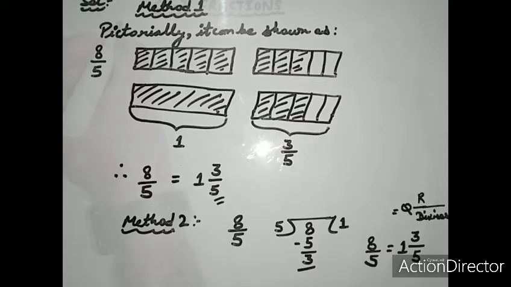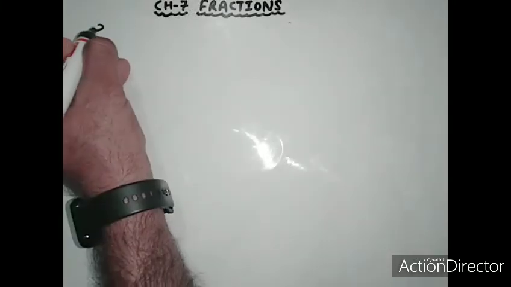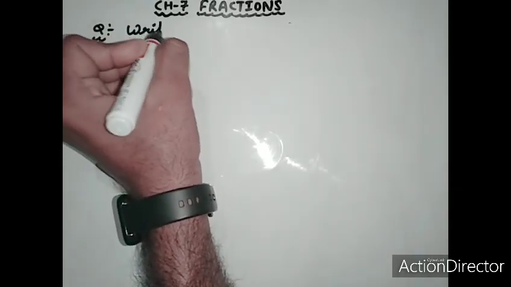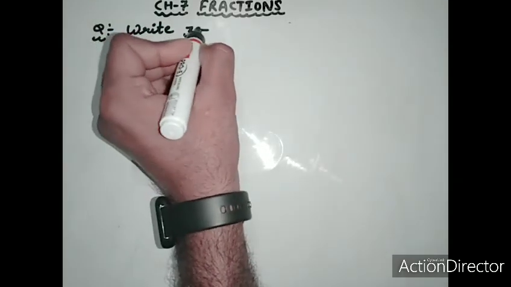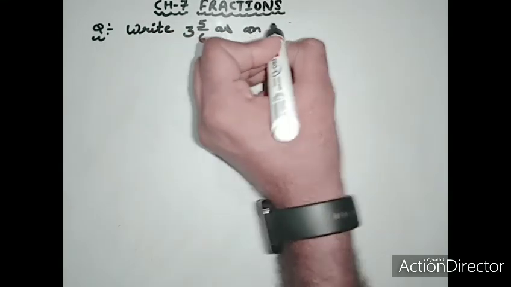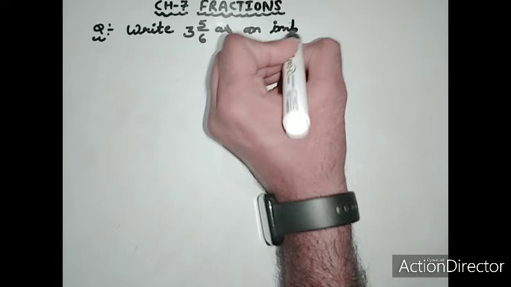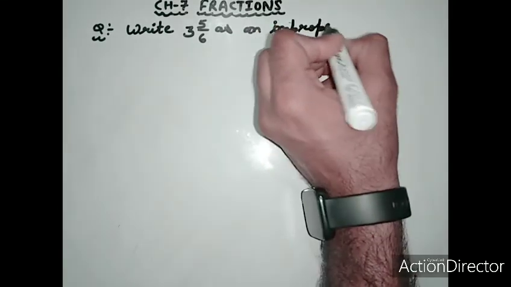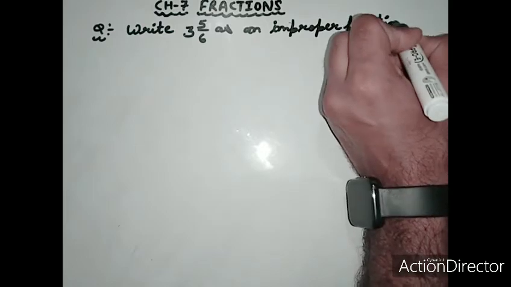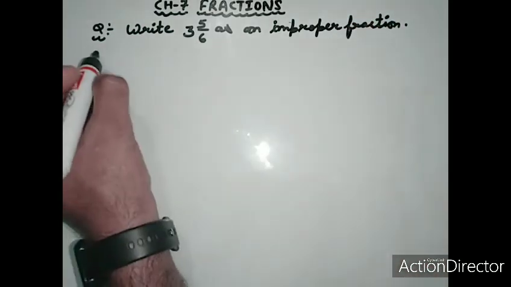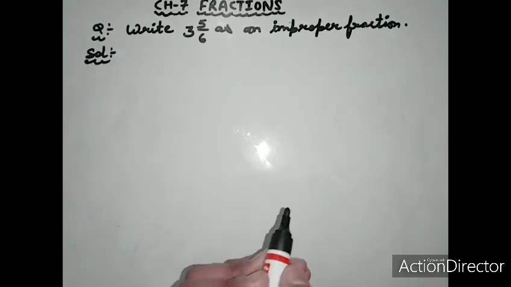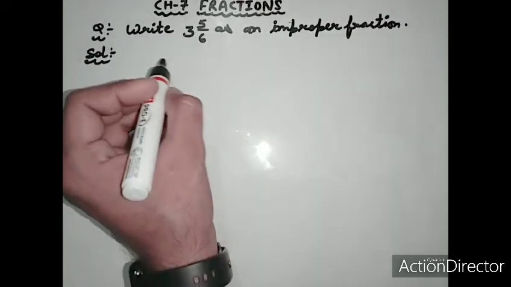Okay, the next question is: write 3 whole 5 upon 6 as an improper fraction. We solve it directly.